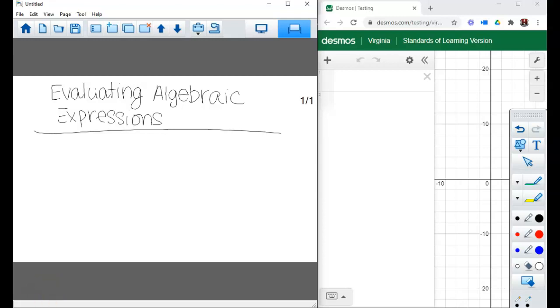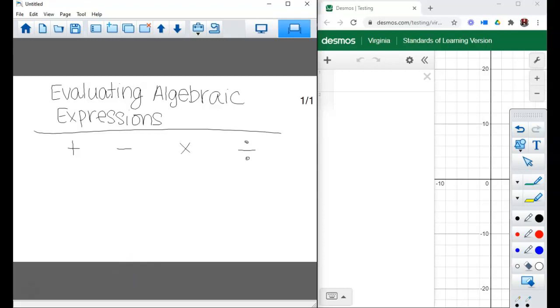Now, before we get into evaluating algebraic expressions, I want to remind you from earlier in the week that when we are in algebra, we are going to be using those same four basic operations of add, subtract, multiply, and divide.